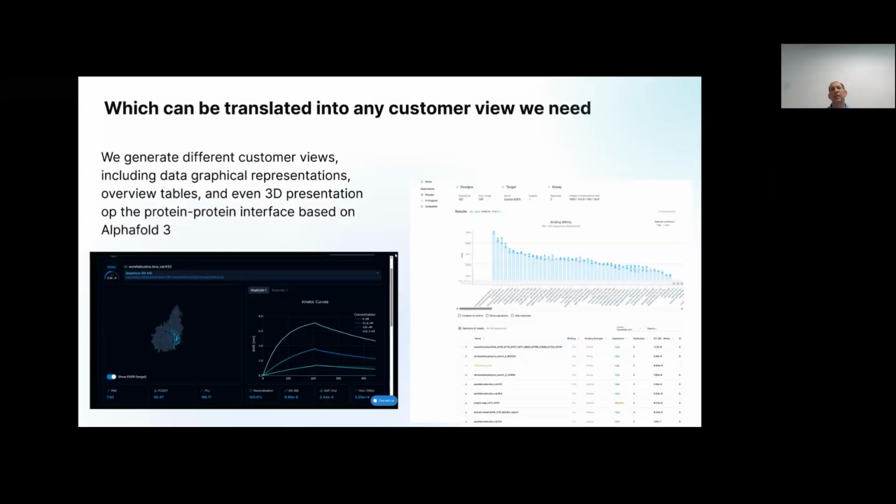And on the other hand, we have different customer views for the people where you can see the ranking of the binding for different constructs, how much it loaded in each case, and we can even add 3D presentations of the protein-protein interface based on AlphaFold and other things to help people understand what they're seeing.